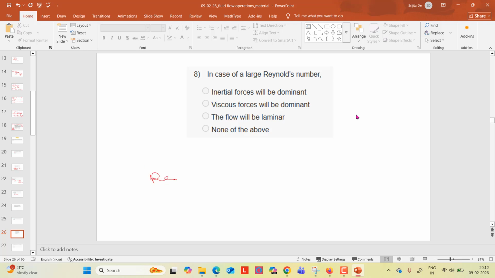Reynolds number is the ratio of inertial force versus viscous force, right? So if it is large Reynolds number, that means inertial force is high. So inertial force will be dominant.